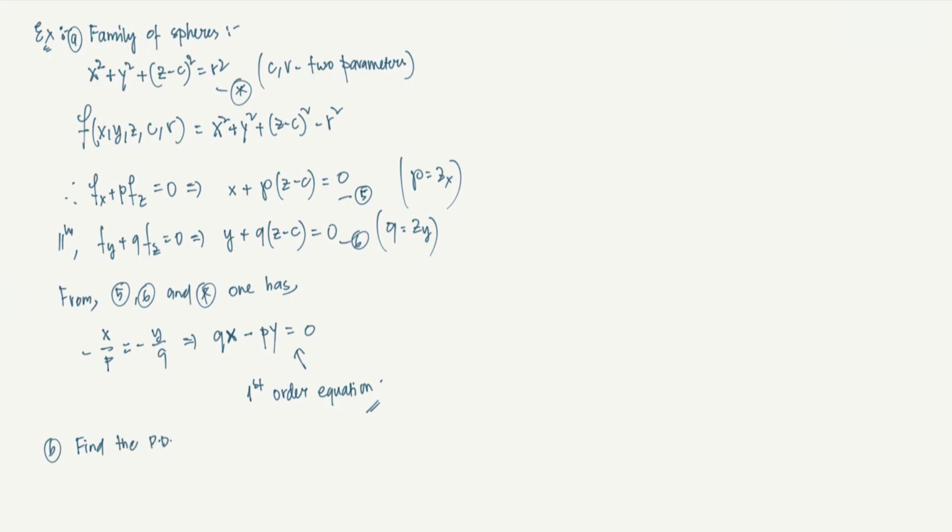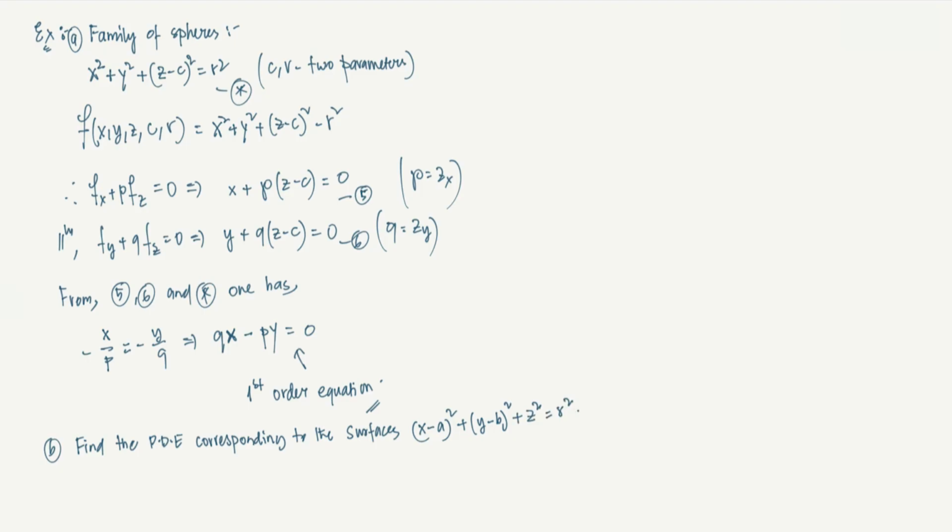PDE, first order PDE of course, corresponding to the surface. So basically this is a family of surfaces. I'm just writing corresponding to the surface (x minus a) square plus (y minus b) square plus z square equals r square.